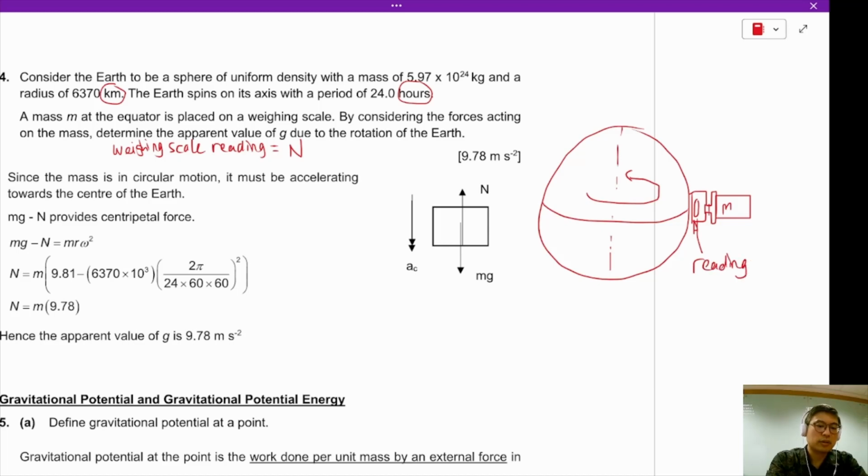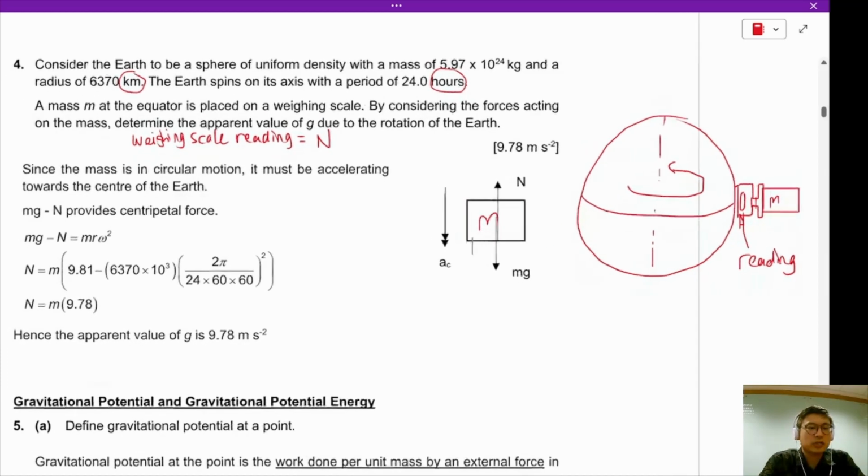So let's look at the forces acting on the mass M. So supposing the weighing scale is over here, all right, there will be two forces acting on the mass M. The first force will be the weight, and the second force will be the normal force. Together the weight and the normal force will provide the centripetal force.